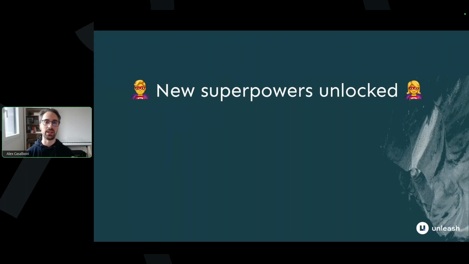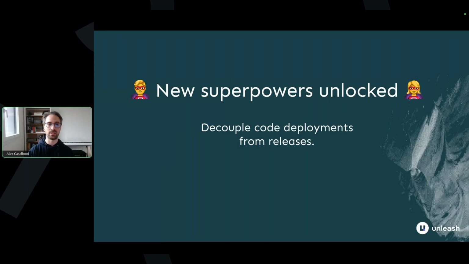It unlocks some super interesting things you can do from a technical point of view. For example, as we mentioned a couple of times, it lets you decouple the idea of deploying code, which you want to do as often as possible in the ideal world, from the act of releasing a feature, which is a business decision or a product management decision.